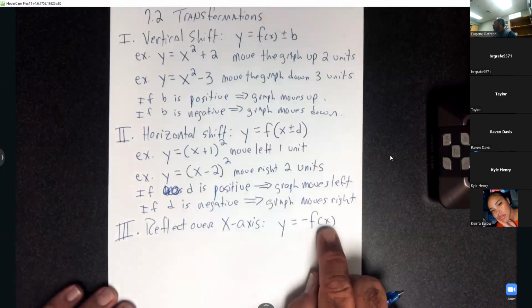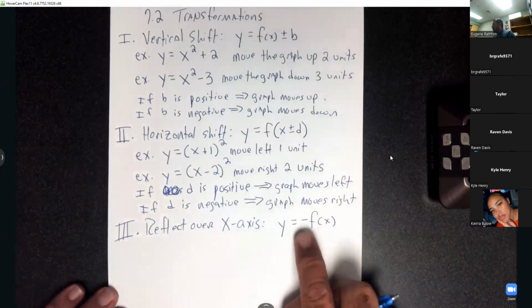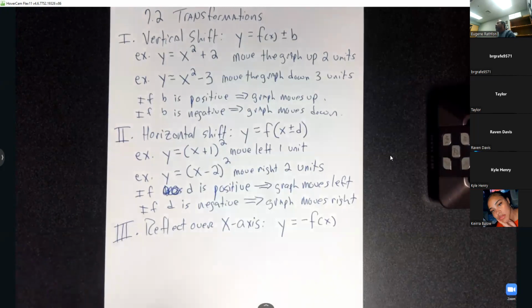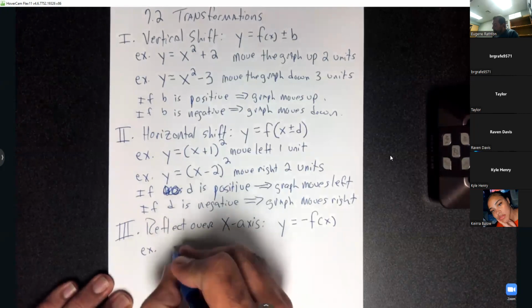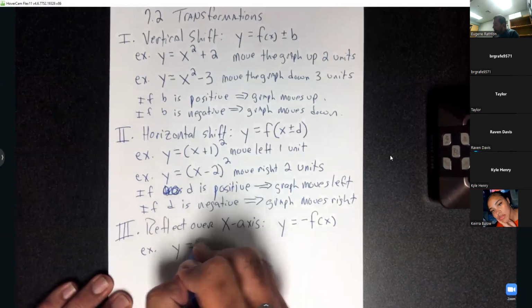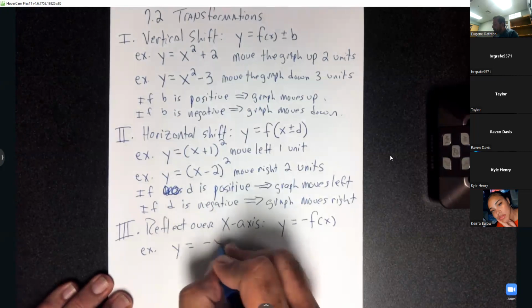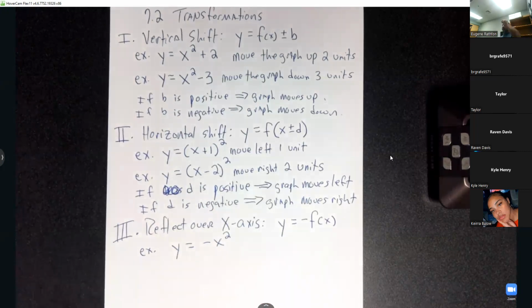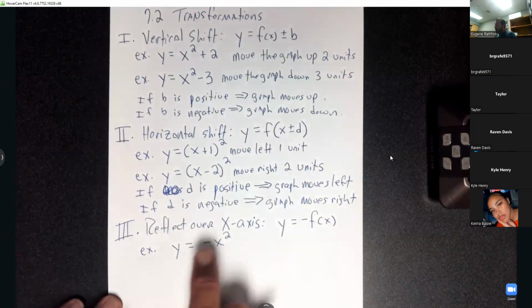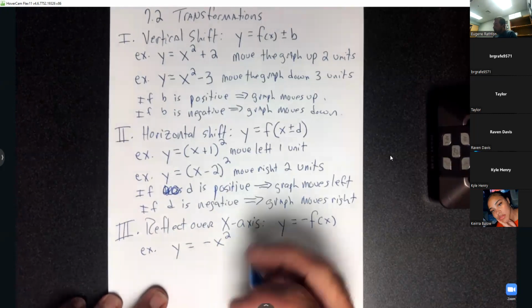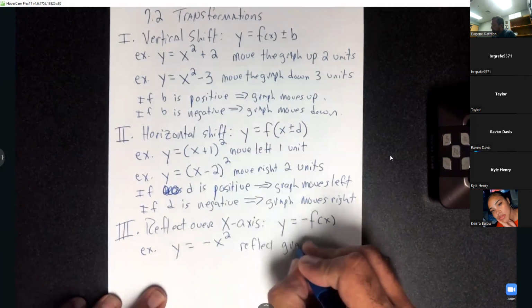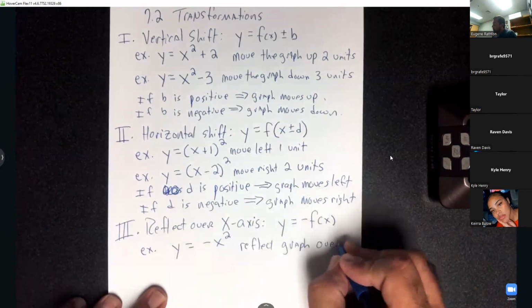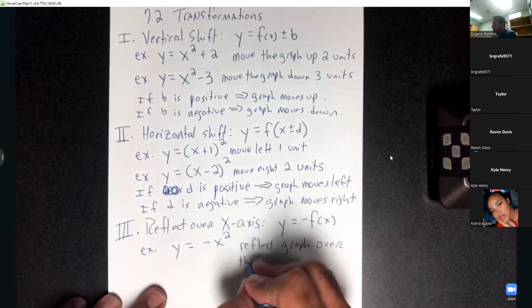If your function was positive, this negative is going to make all those y values negative instead of positive. So for an example of that, y equals negative x squared. What that negative is going to do is reflect the graph over the x-axis.